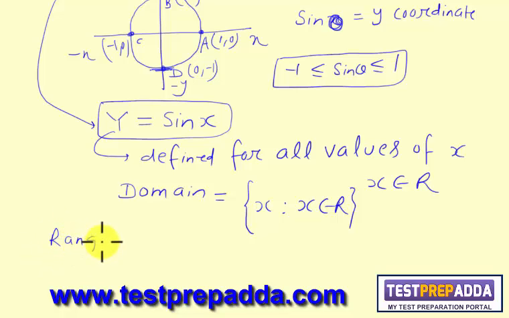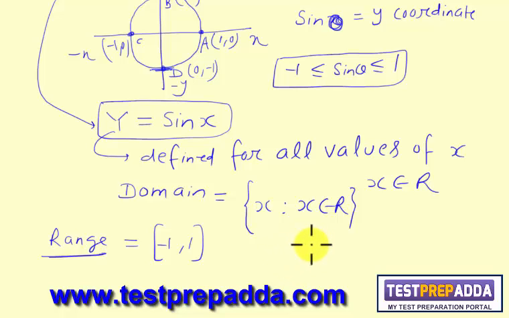Range we have already predicted. Since this lies between minus 1 and plus 1, the range will be minus 1 to 1, both inclusive. Got the idea? So this way we get domain and range.